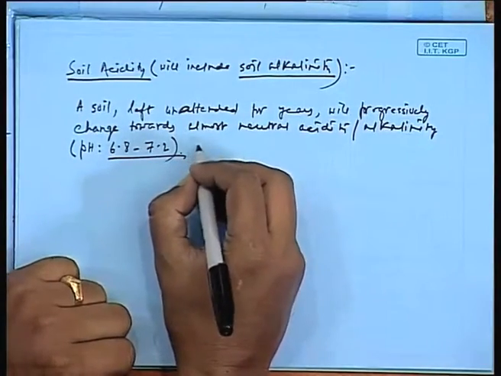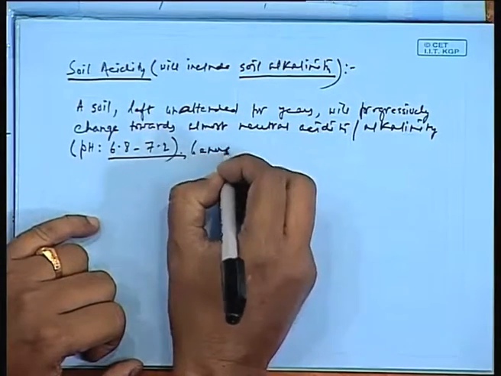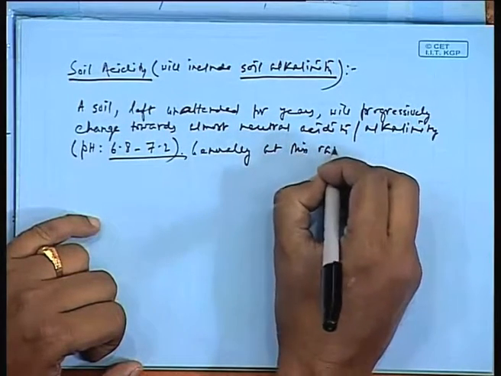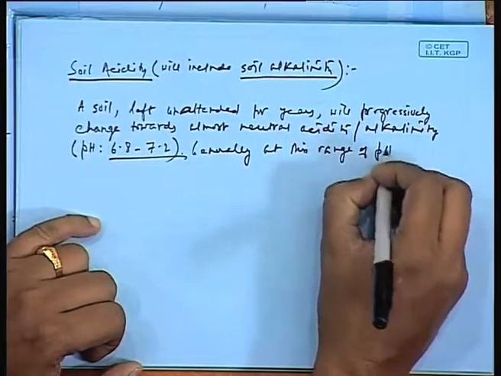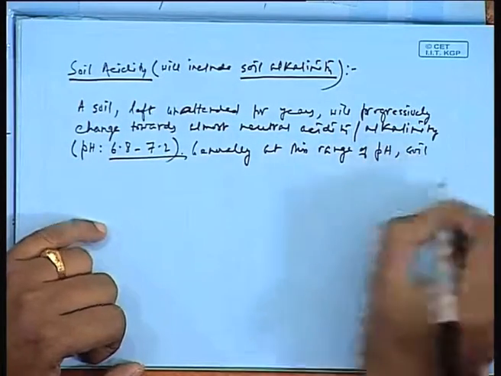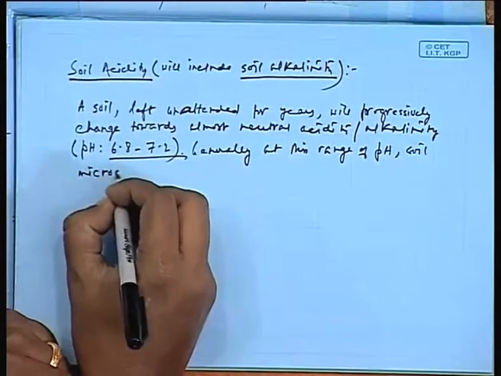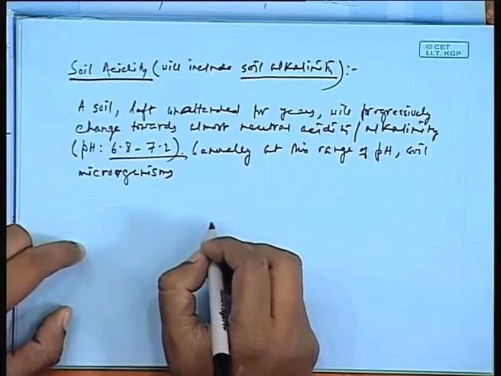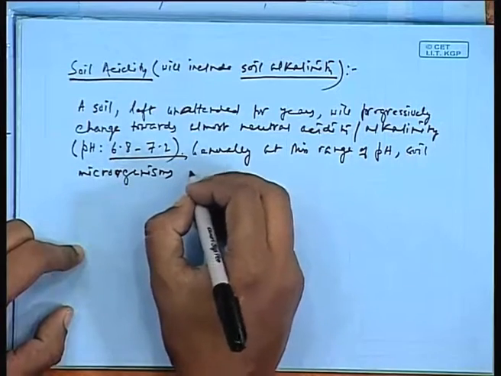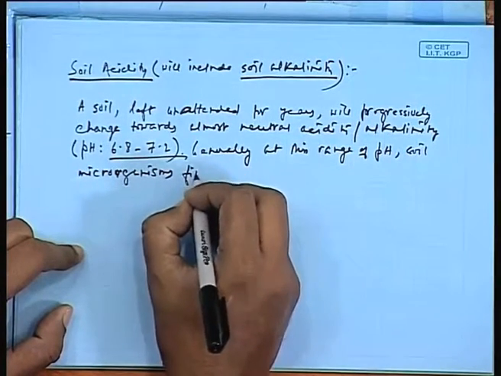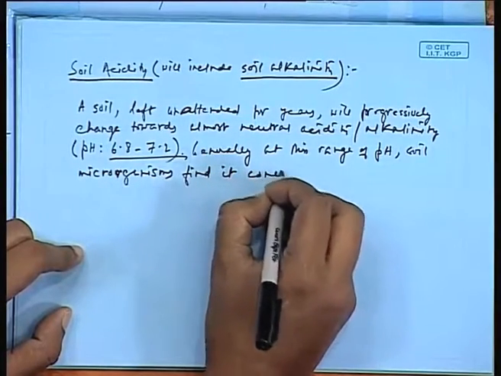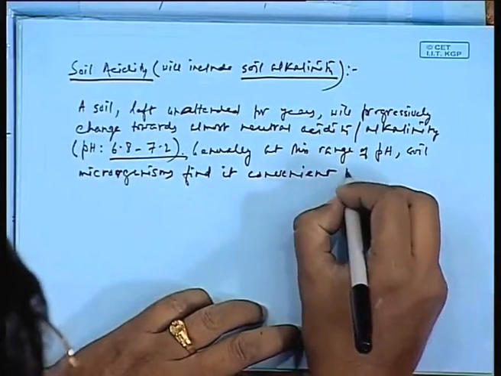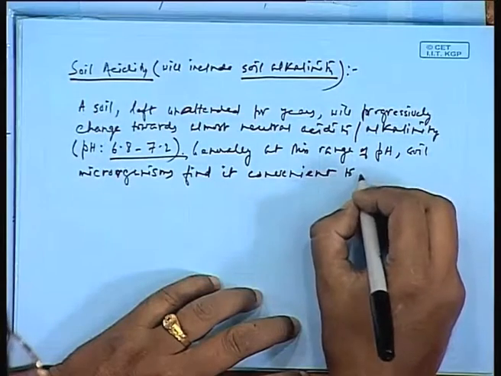In effect, at this range of pH, the soil microorganisms find it convenient to reside in the soil.